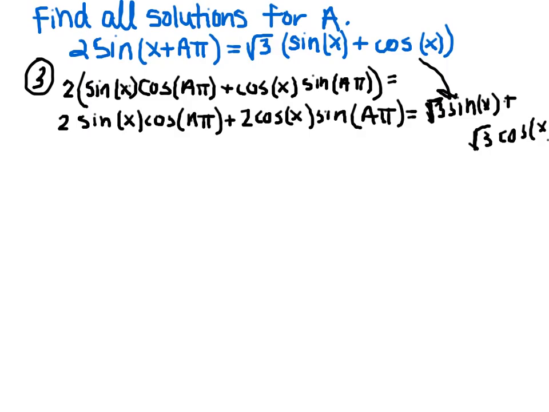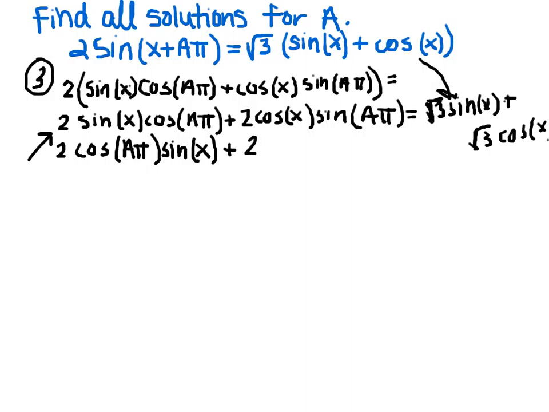Now since multiplication is commutative, we can rewrite this first expression on the left as 2 cosine of a pi times sine of x, and we can do that same thing with the second.